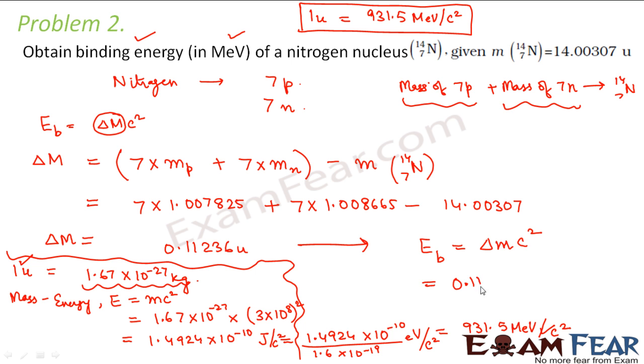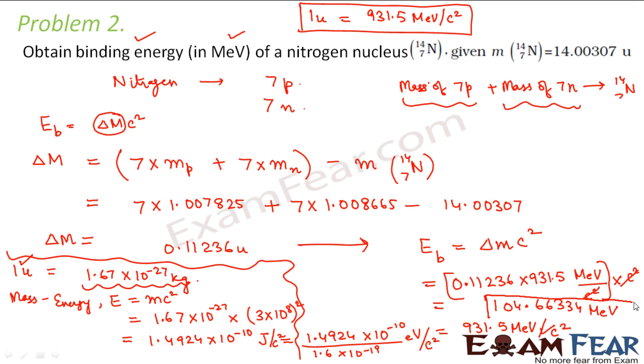So this becomes 0.11236 into 931.5 mega electron volt per c square into c square, right? This I have written for delta M. Now this c square and c square will get cancelled. Therefore binding energy will come out to be 104.66334 mega electron volts. So this would be the binding energy of the nitrogen nucleus.